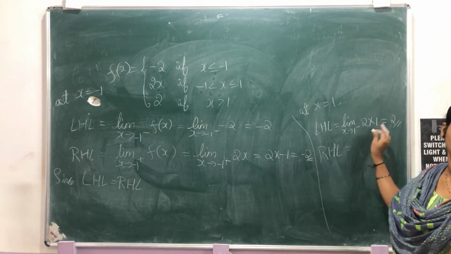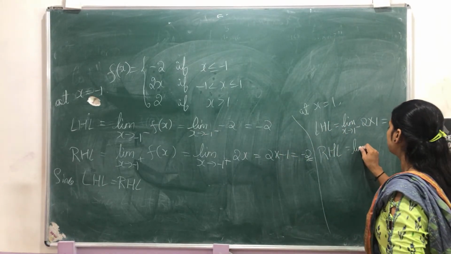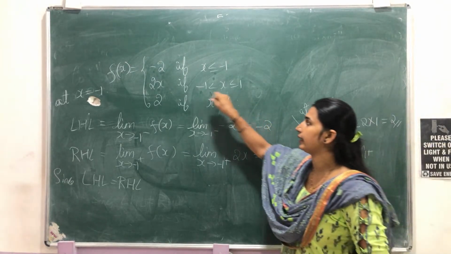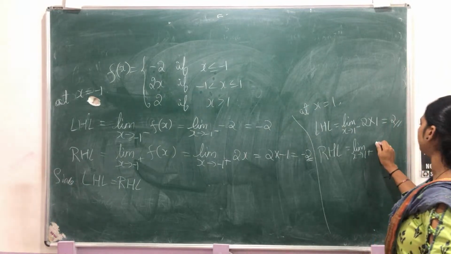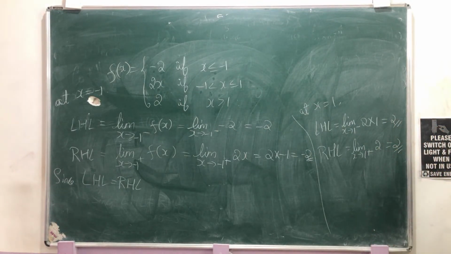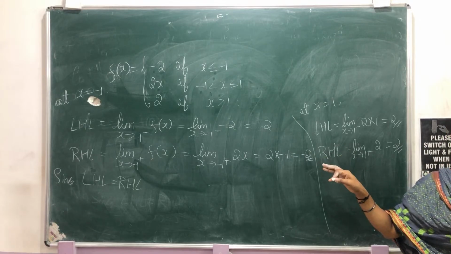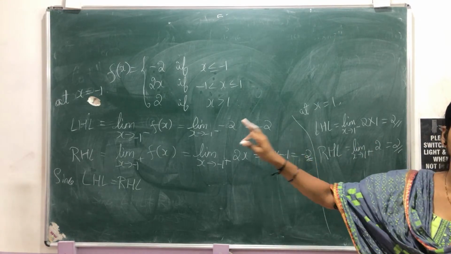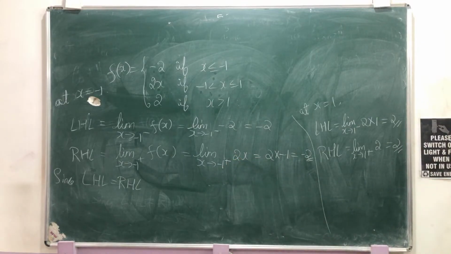Since there is no space, I am doing directly. So limit x tends to 1 plus f of x, that is 2. So both you are getting it as 2. Therefore, it is continuous at x equal to 1. What is the point of discontinuity? No point of discontinuity. Don't write 0. No point of discontinuity. Understood everyone now?